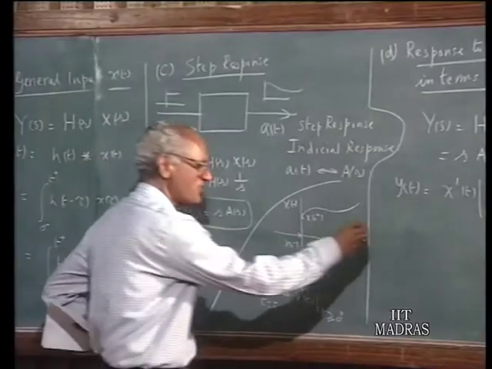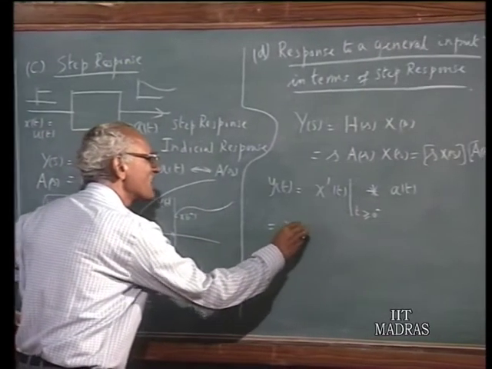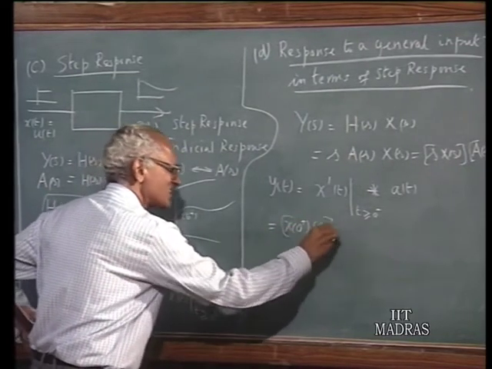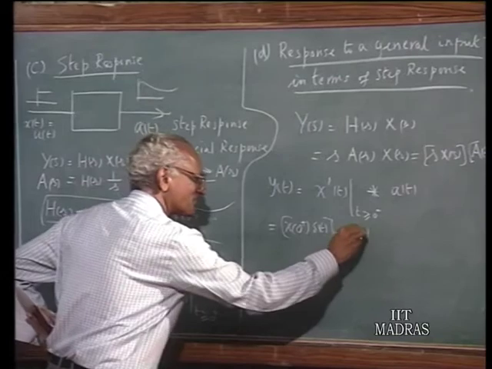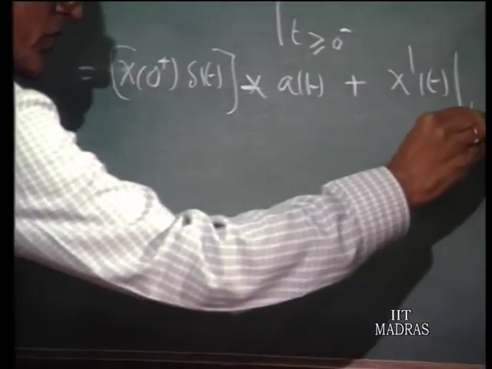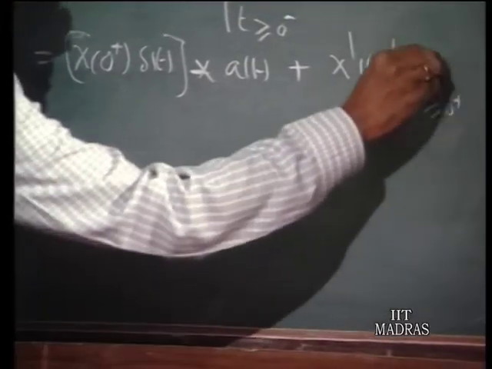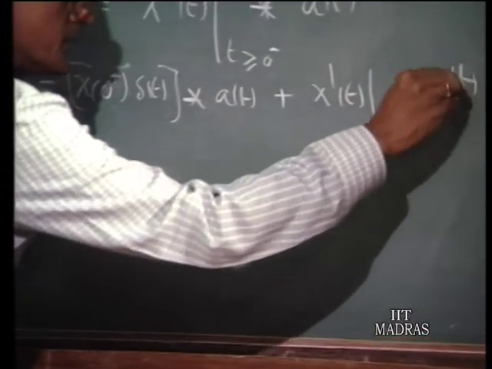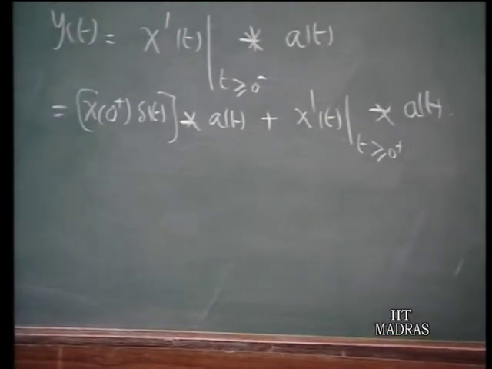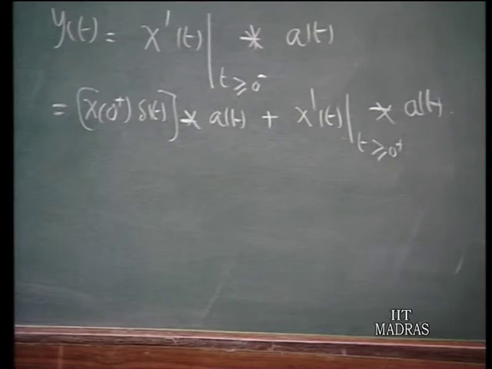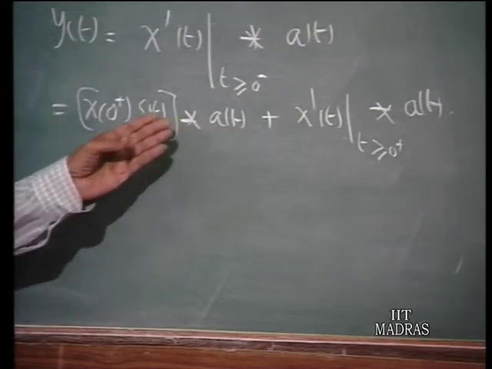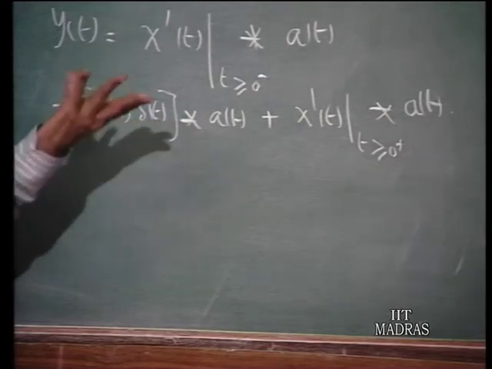So I can write this further as x 0 plus times delta t convolved with a t, plus x prime t, which we consider only from 0 plus onwards, convolved with a t. That is what we are having. And we earlier observed that any function of time convolved with delta t is equal to the same function itself. Convolving with delta t does not change the function.